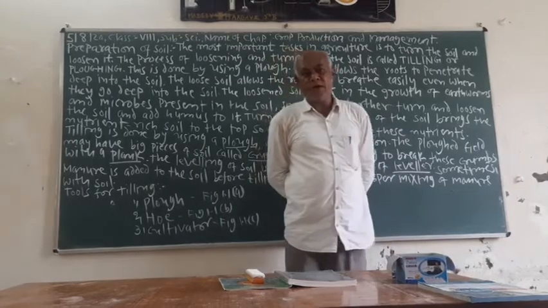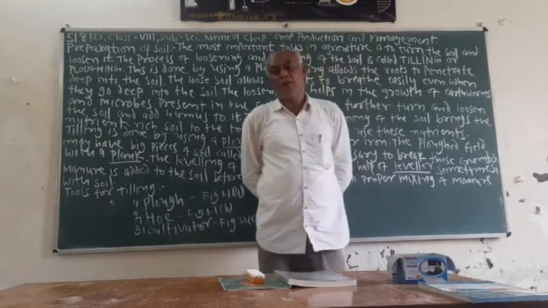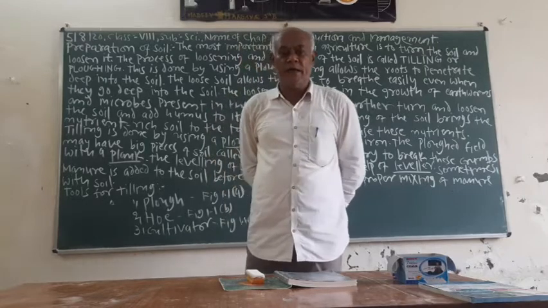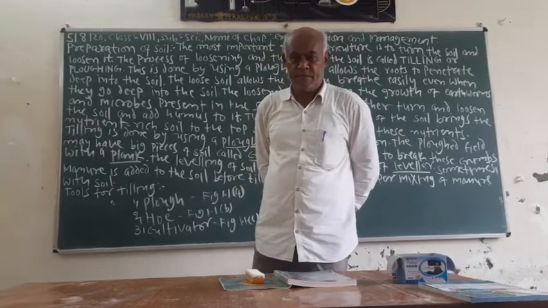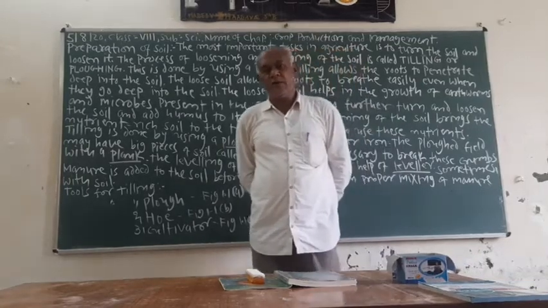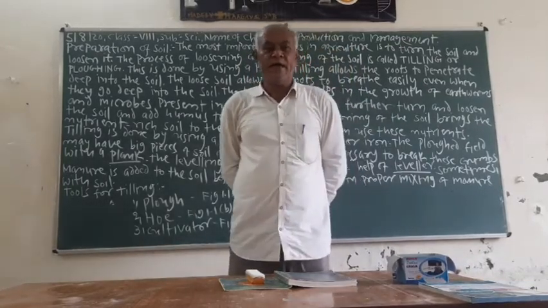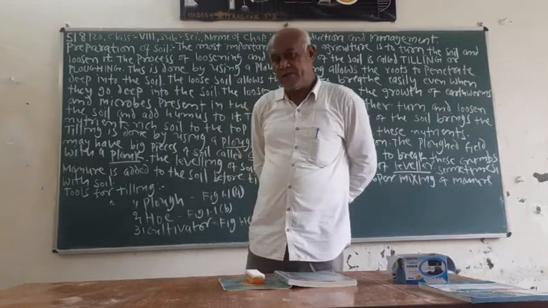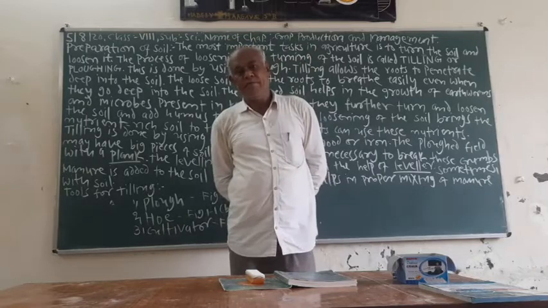For the production of crops, we follow some basic agricultural practices. There are a total of 7 agricultural practices, which we listed in a previous period.